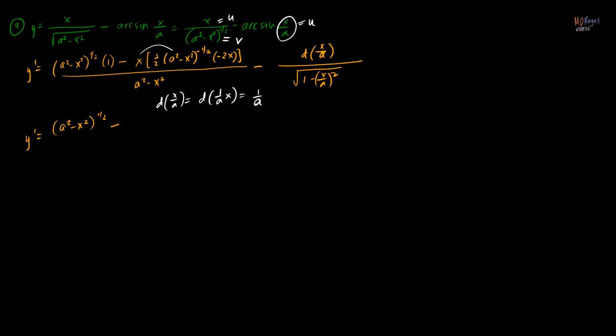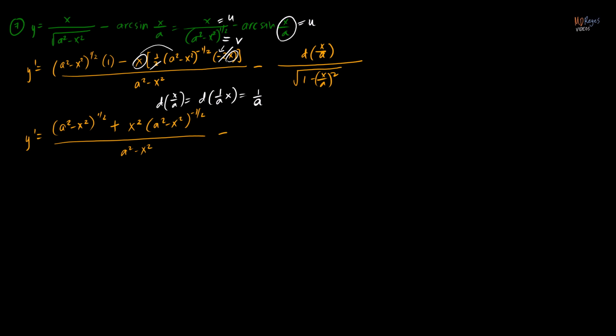So that's x times x, which gives us x squared, and then minus sign times minus, so that's going to give us plus x squared times a squared minus x squared raised to negative 1/2, all over a squared minus x squared.